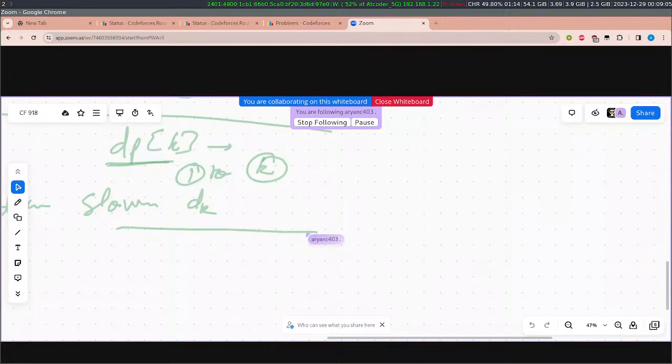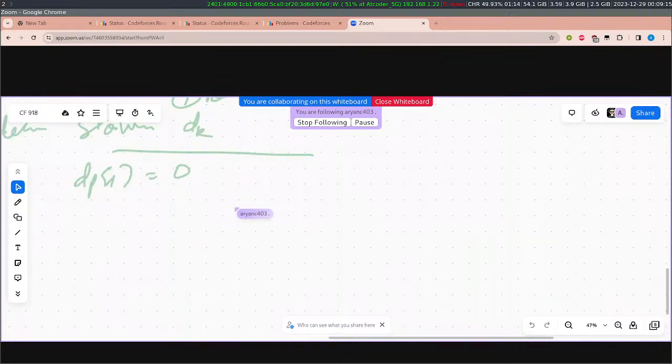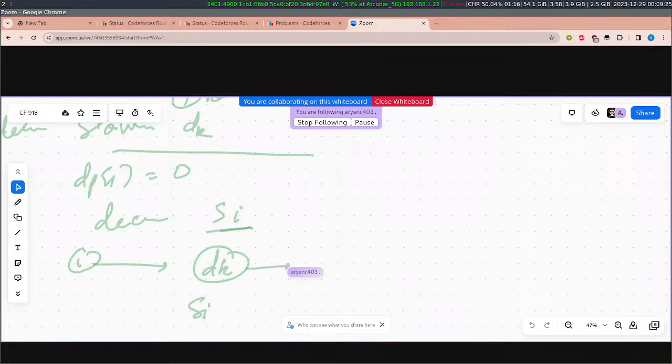So the idea is, we don't have to do anything to go from 1 to 1. And in decreasing order of S_i, first from all nodes i we go to dp[k] where the slowness is S_i, and then go to all the nodes again.